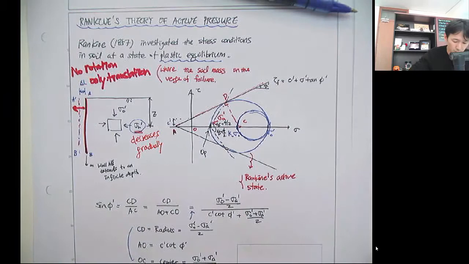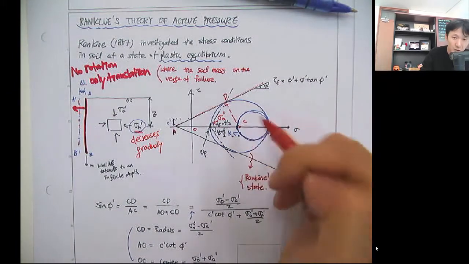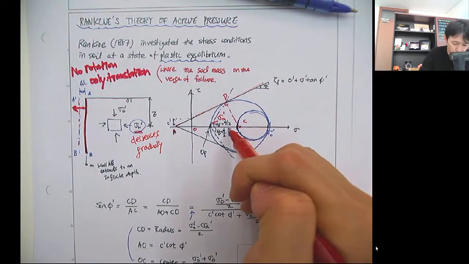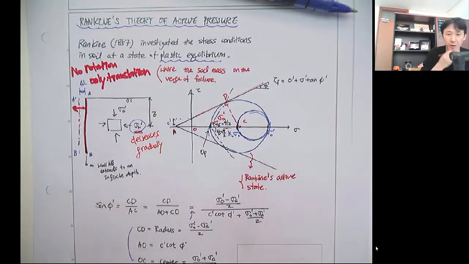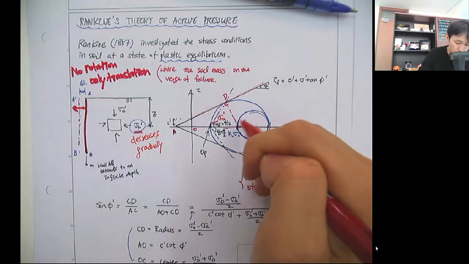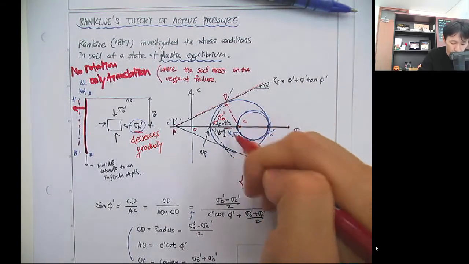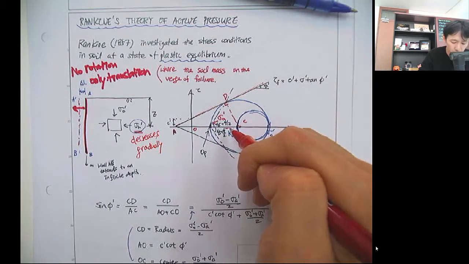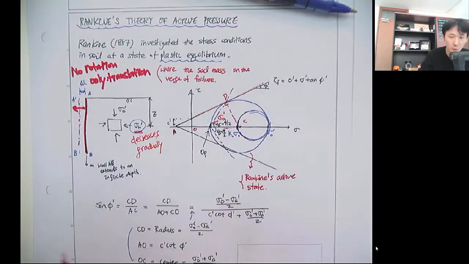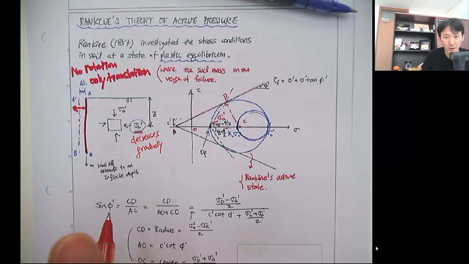So this point is moving toward this direction, because sigma h prime is one of the principal stresses, the minor principal stress. So the circle gets bigger and bigger, and at some point it will touch the Mohr-Coulomb criteria, the failure envelope. So that's the point where the failure is expected to take place.